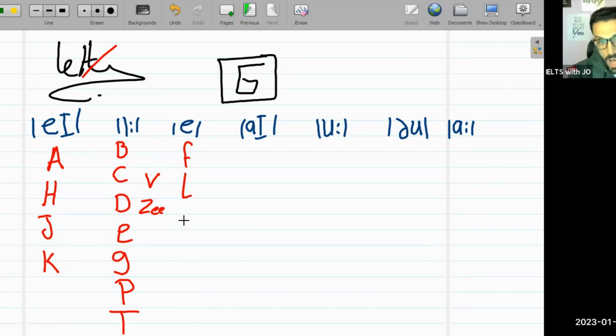L. Look at my tongue. The tip of your tongue is directly behind your upper teeth. L. Okay. M, N.